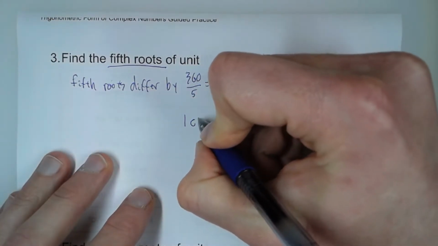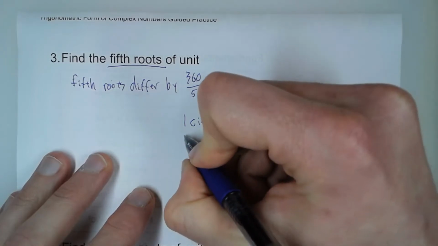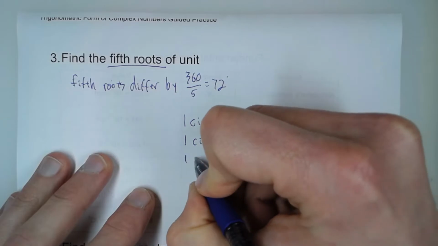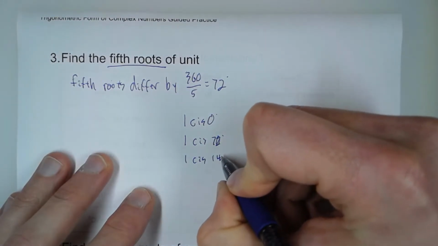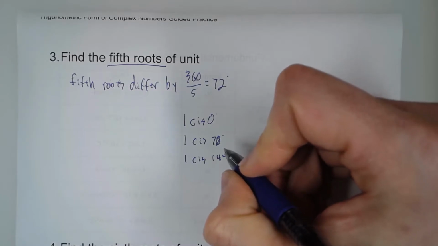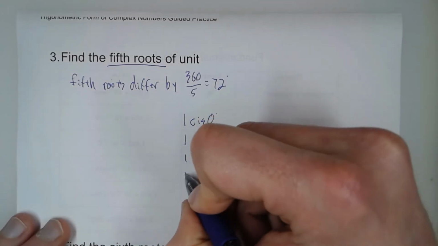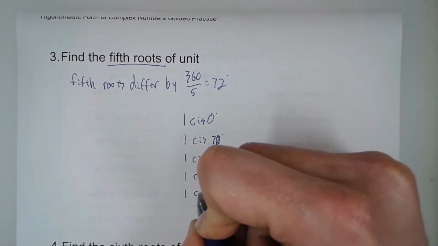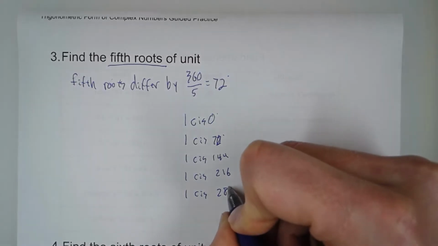So we start with 1 CIS 0, and then 1 CIS 72, and then 1 CIS 144. And then the next one is 216. And then the next one is 288.